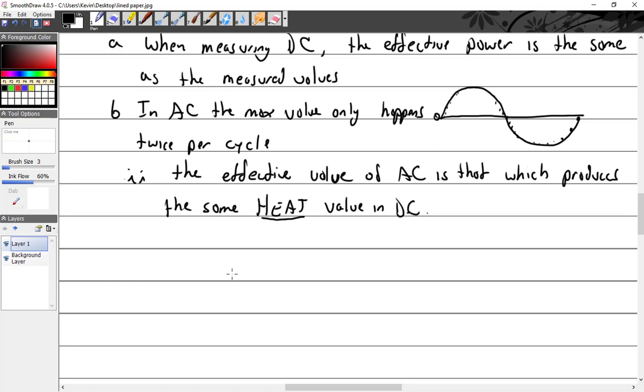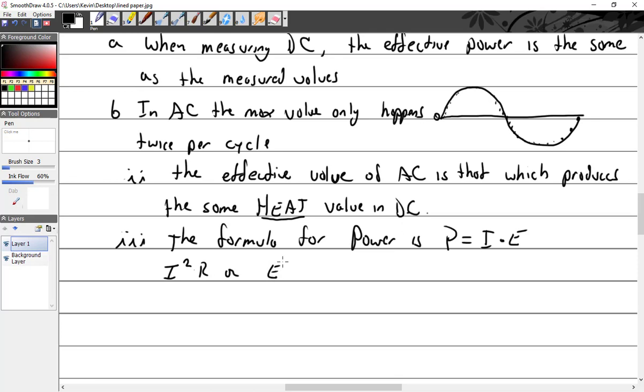Let's see, what is the formula for power? The formula for power is P equals I times E. And if you ever look at that little wheel, which I told you I don't need to worry about, it's I squared times R, or E squared divided by R. I don't know why I went this route, but I'm just going to go with it.